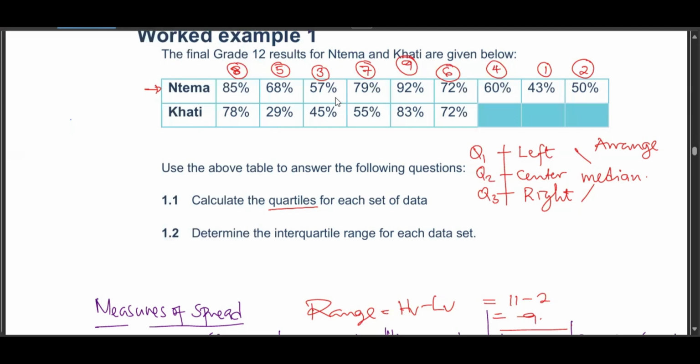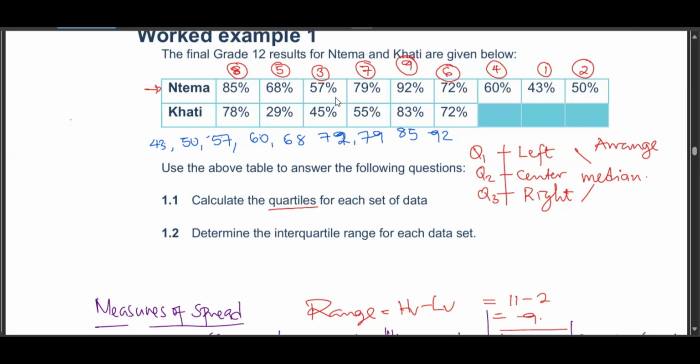It will become 43, 50, 57, 60, 68, 72, 79, 85, and 92. So if I'm to find quartiles for each set, now this first one here, what am I going to do? I will first look for the Q2, which is the middle number after arranging.